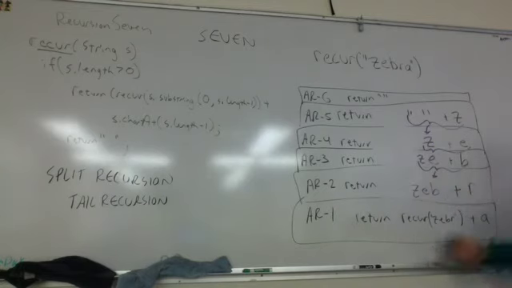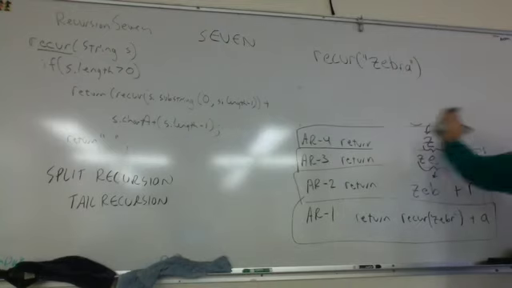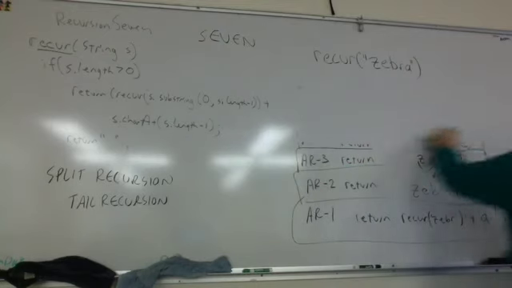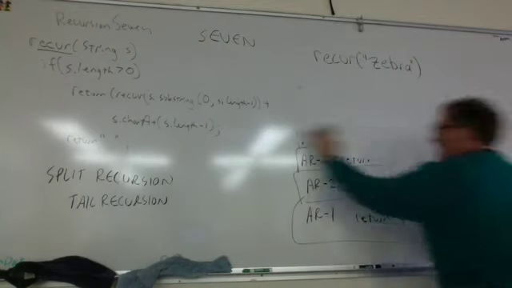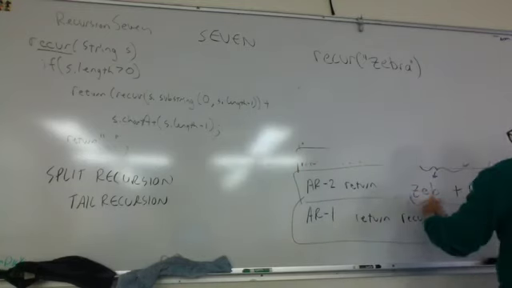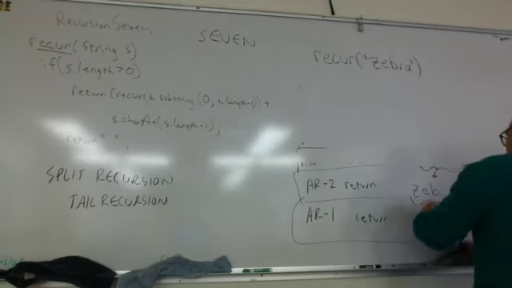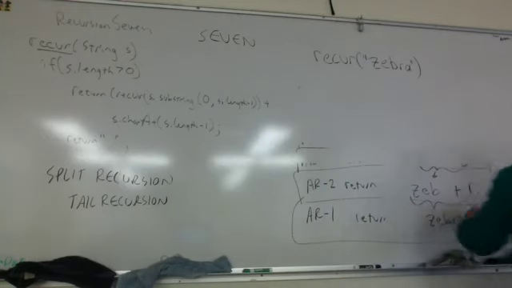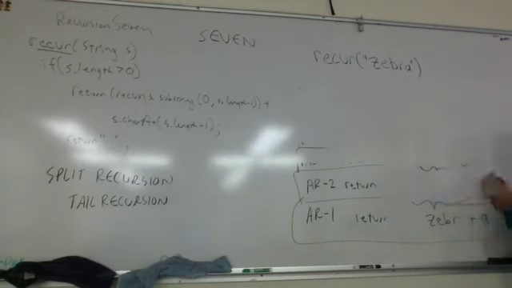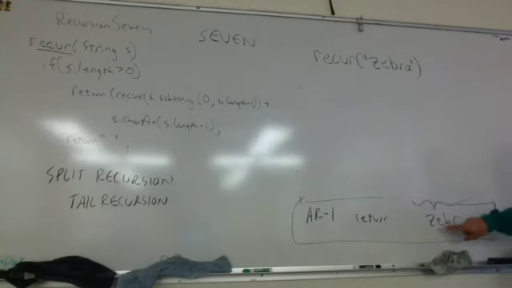This gets added on. So as each one gets fulfilled, it gets removed. We return ZEB plus R to here. ZEBR. And the last thing that happens, we return ZEBR plus A.